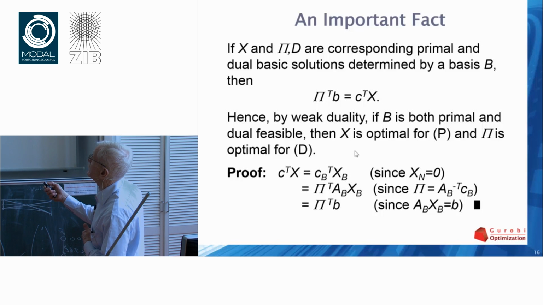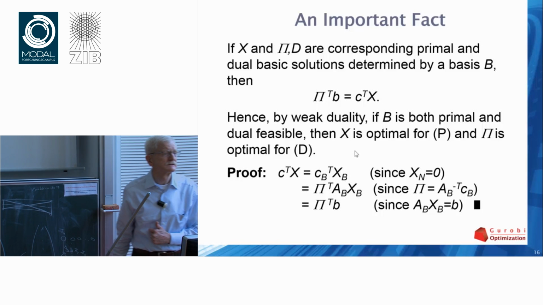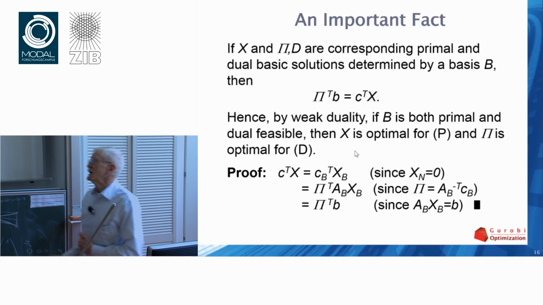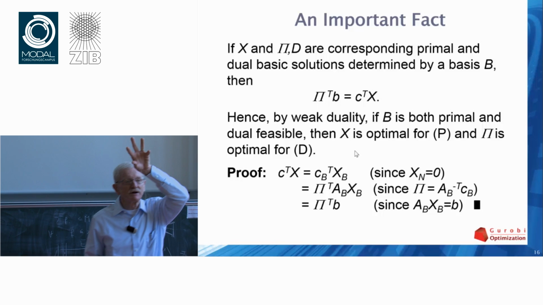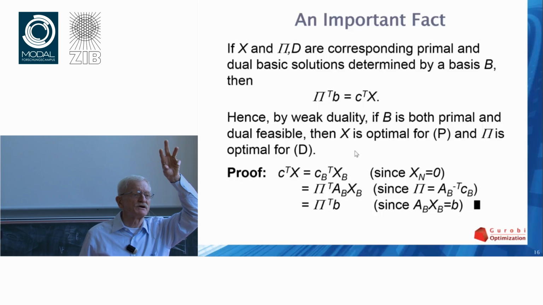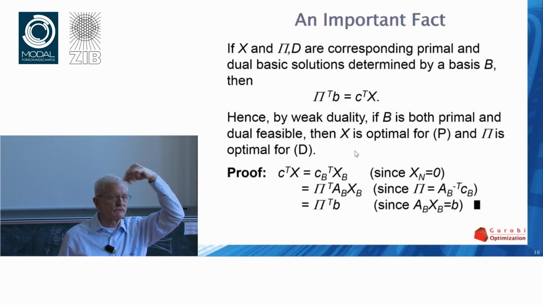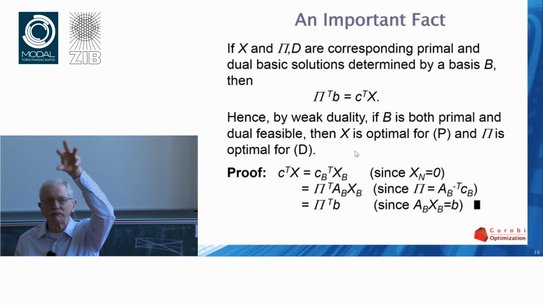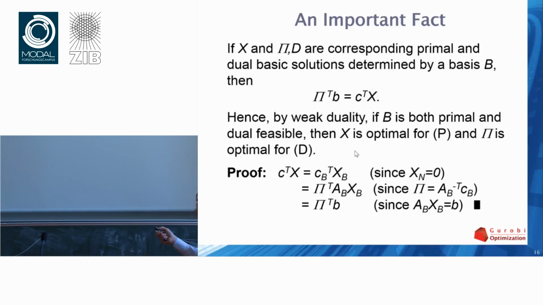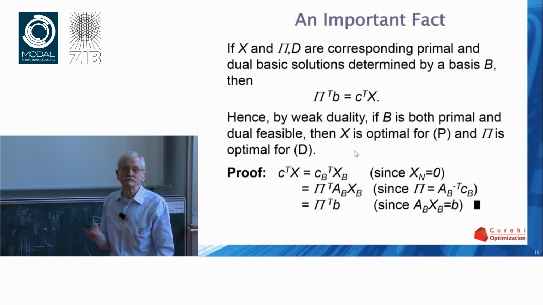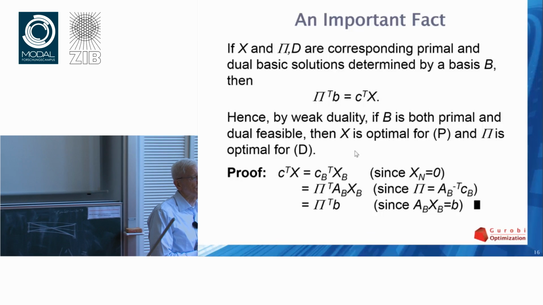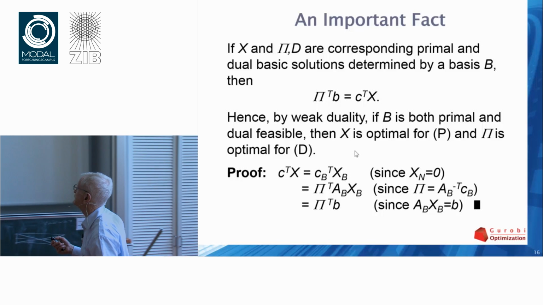Here's c transpose x, that's the thing on the right-hand side. I've got a basic solution here. It's got the non-basic part and the basic variables. The non-basic variables are equal to 0. So if I want to compute the objective, I just have to look at the basic variables. That's this part. So c transpose x is just equal to the basic part, c_B transpose times x_B.